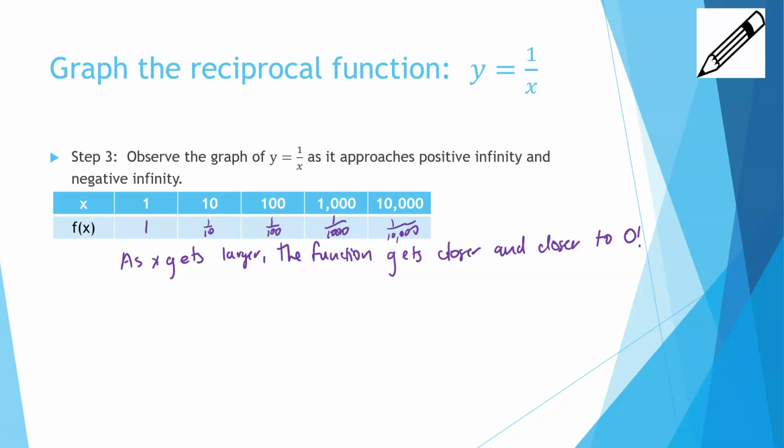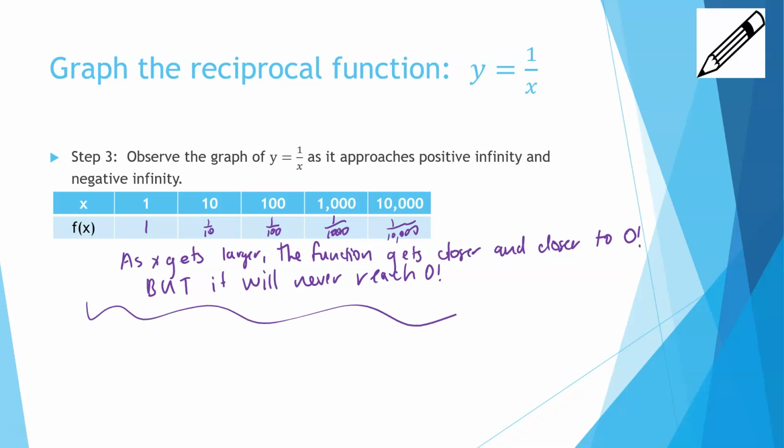Okay, so it gets closer and closer to 0, but will never actually reach 0, because again, I can't get to 0 because it's 1 divided by 0, which is actually undefined.